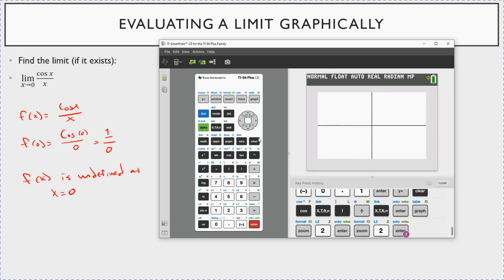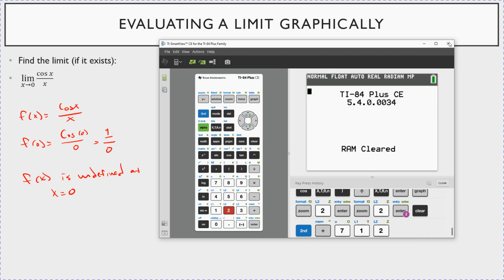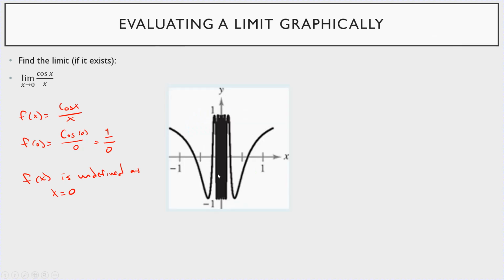You can't really see it on the graphing calculator here. But if you were to just look at the graph, you would notice that it just oscillates between -1 and 1. So it doesn't look like it ever converges.